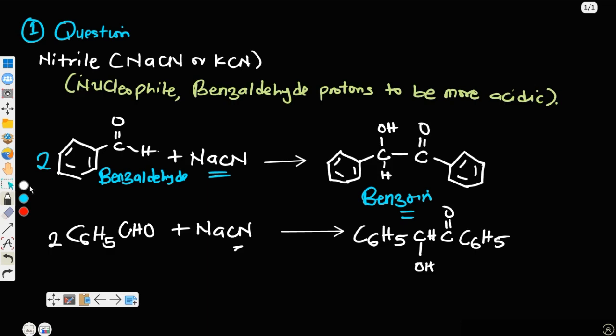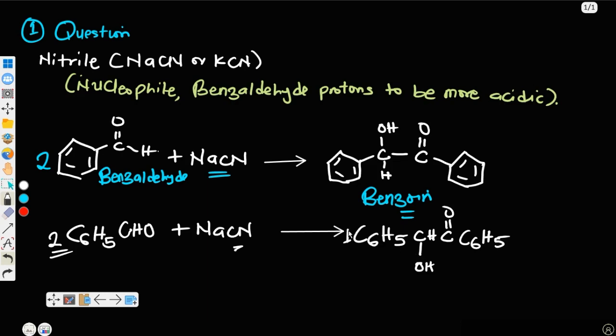Is that okay? So how many moles of benzaldehyde do you need for this reaction? These are potential questions. You need 2 moles of benzaldehyde. So when you are doing your calculation, you say 2 moles of benzaldehyde give rise to 1 mole of this.